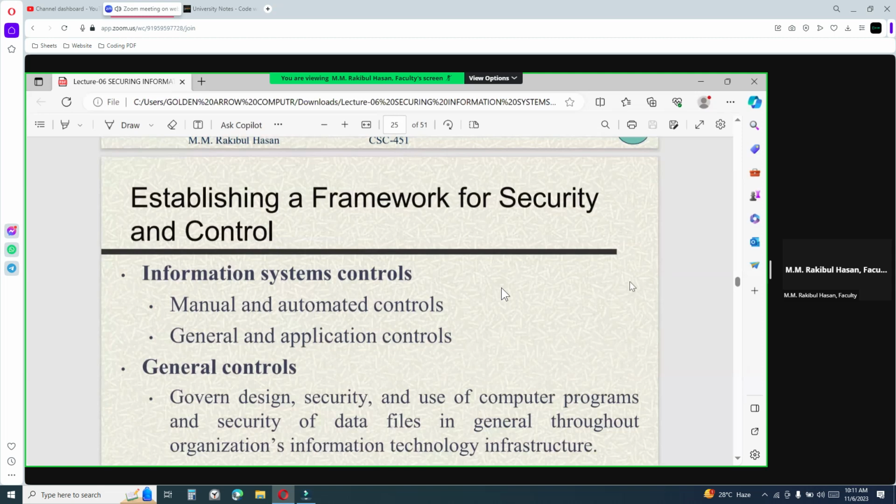Okay, so here you can see our next topic is establishing a framework for security and control. So what is a framework? Any idea? In a general sense, what is a framework? Sir, it's like a ready-made environment to do some work. Ready-made, or you can say prescribed, isn't it?